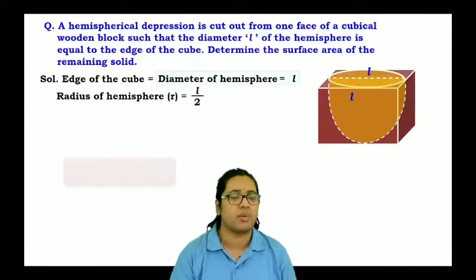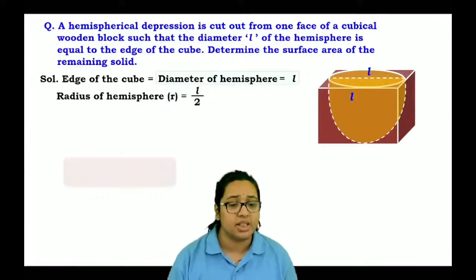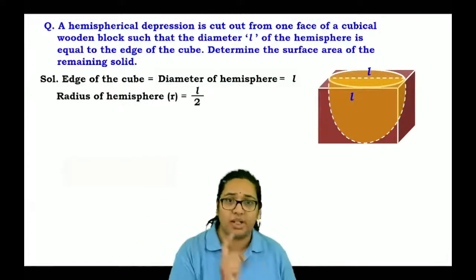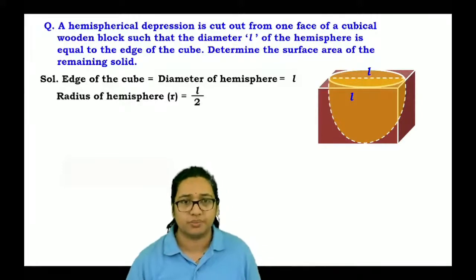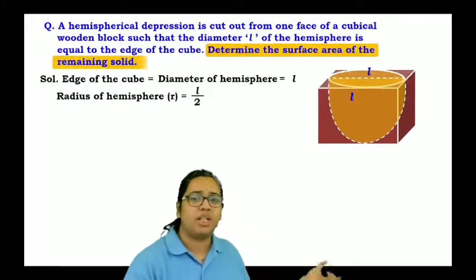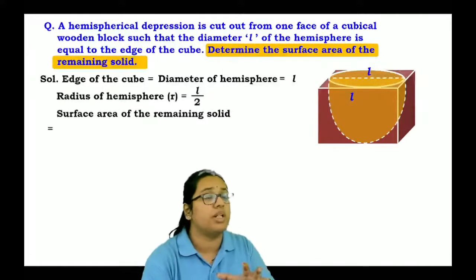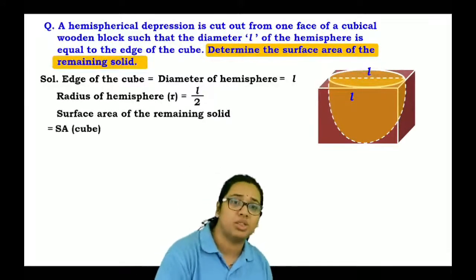The only case is that we just have to check what will be the logic behind it. Okay, are you getting this one? Fine. So as the diameter is L, it means that the radius will be L by 2. Now we have to find out the surface area of the remaining solid.